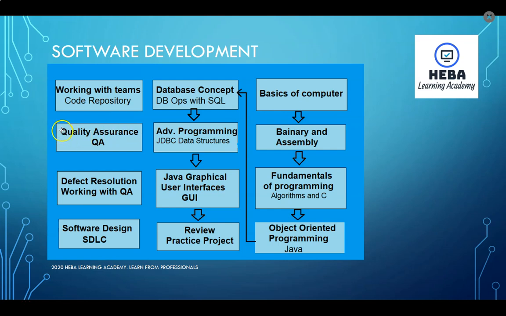Also, the concept of quality assurance, QA. This is also very important. Quality assurance is a very important building block of any software engineering. Without quality assurance, there will be no software. Without quality assurance, nothing will work.